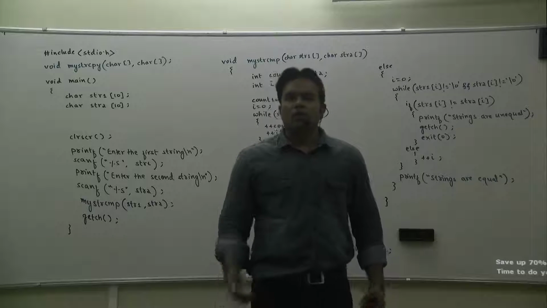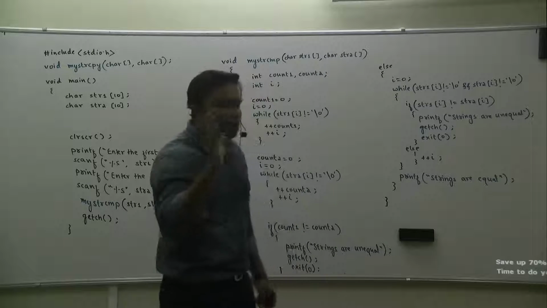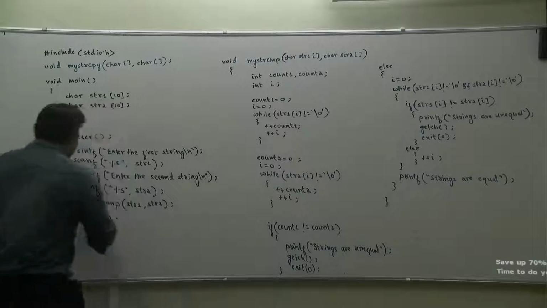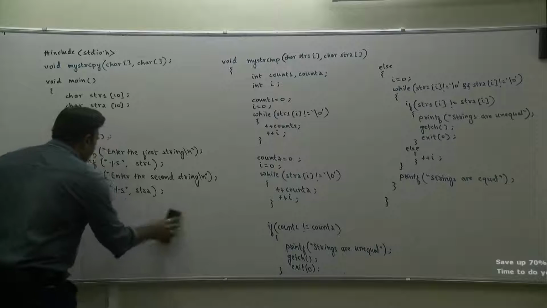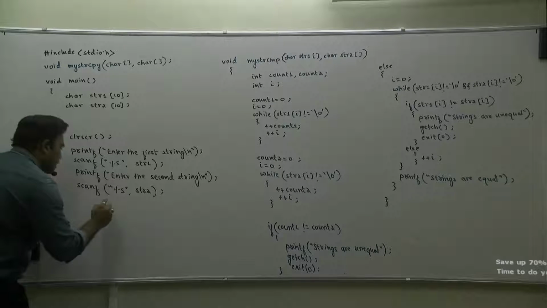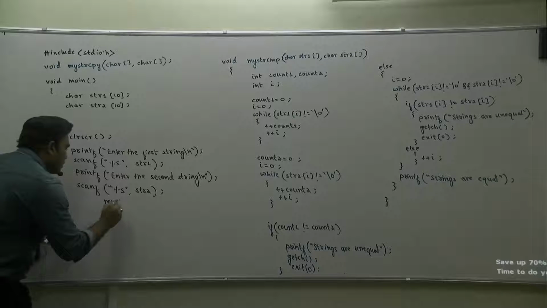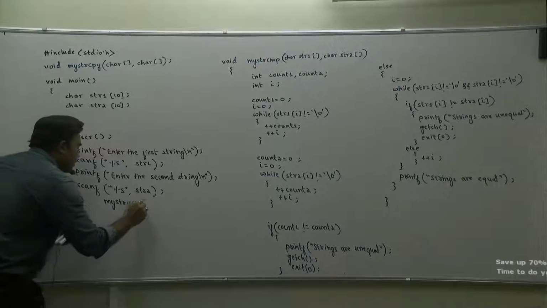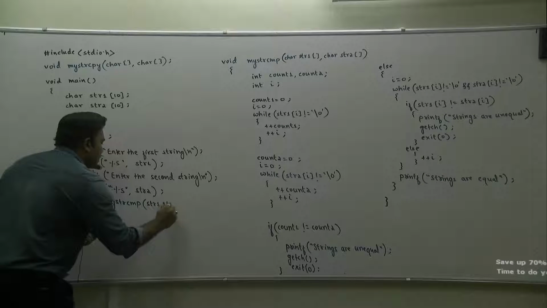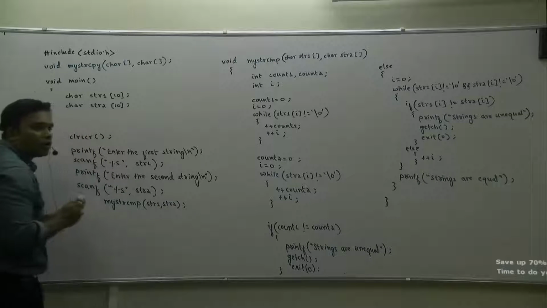Oh, how to make it happen, sir, you may ask. Watch it carefully. Here, when I call this my string compare function, I would slightly alter this part of the code. Pay attention. This is the my string compare function, and when calling, obviously you will have to pass str1 and str2. Like this I would make a call.